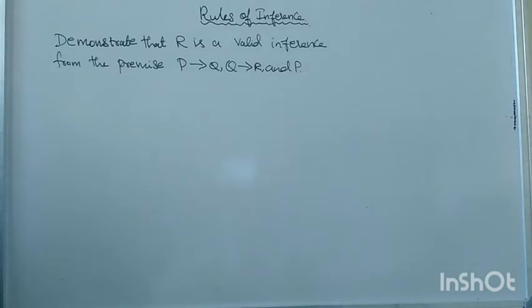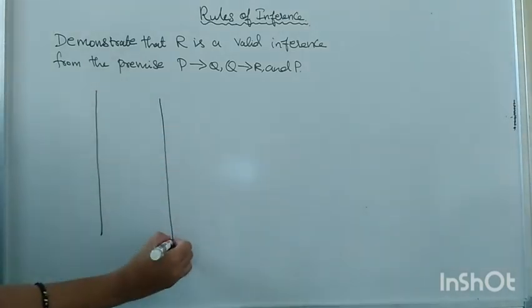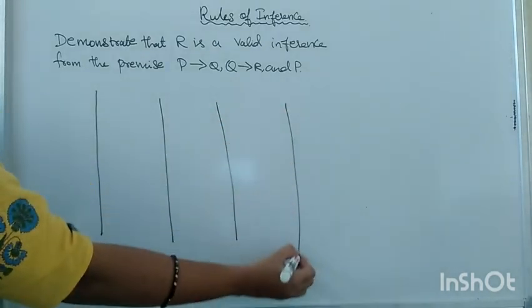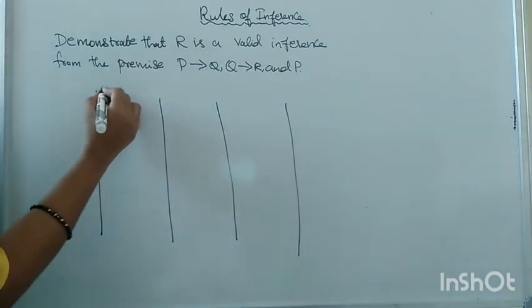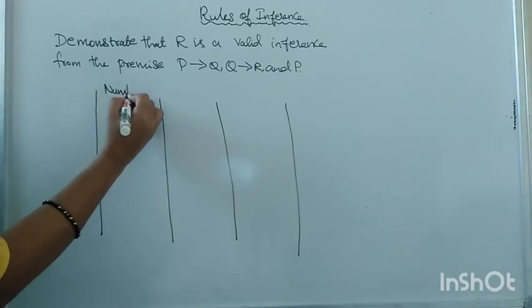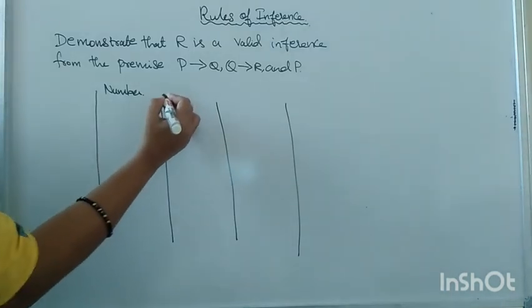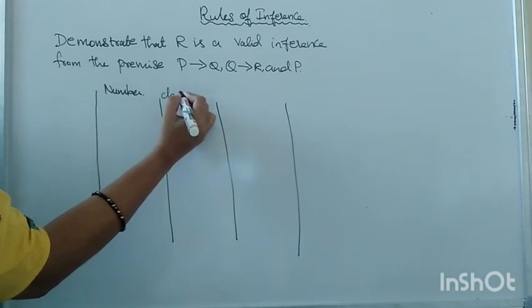So how can we do this? At first, we can split it into several columns. The first column is for the number of your derivations, and next you can write the derivations.